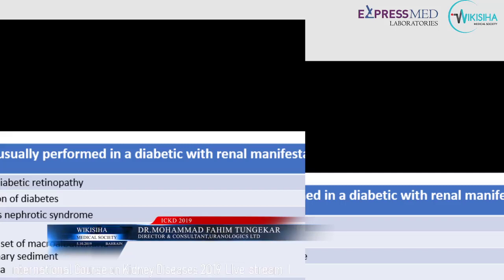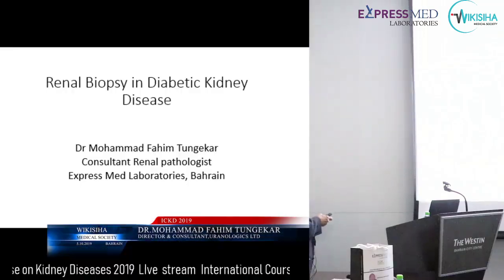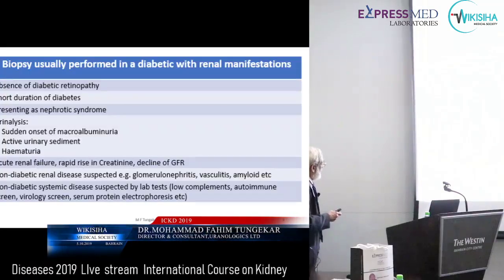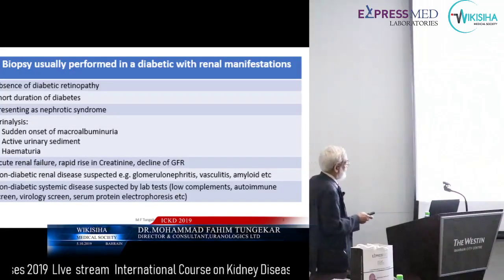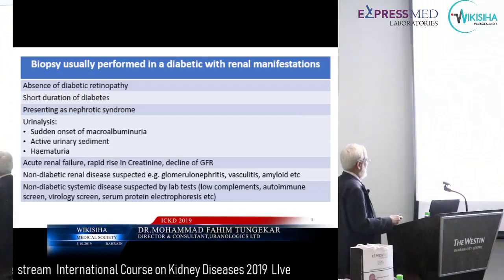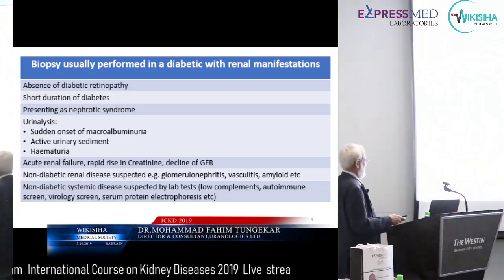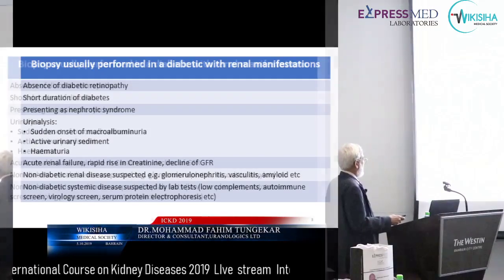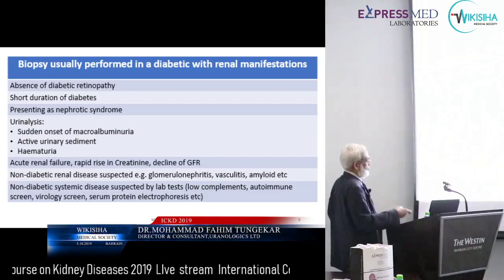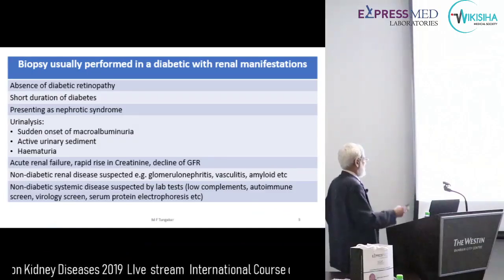If urine analysis shows a sudden onset of macroalbuminuria, or active urinary sediment, or hematuria suddenly, then another pathology may be suspected. If there is acute renal failure, a rapid rise in creatinine or acute decline in eGFR, or clinical suspicion is of definite non-diabetic renal disease, for example glomerulonephritis, vasculitis, or amyloid, is suspected.